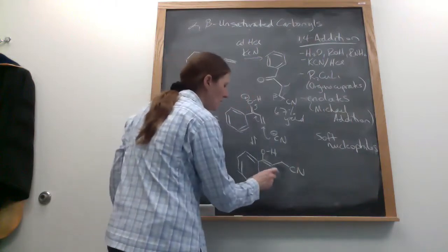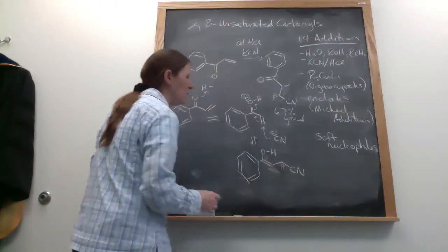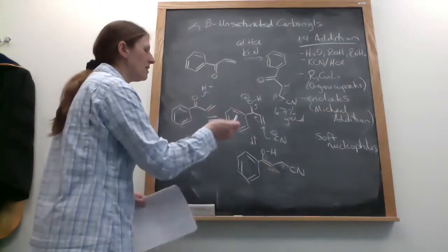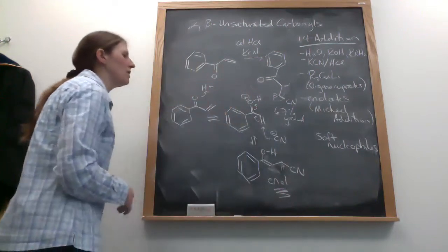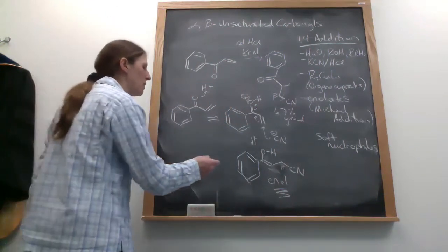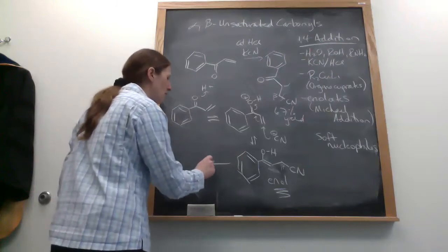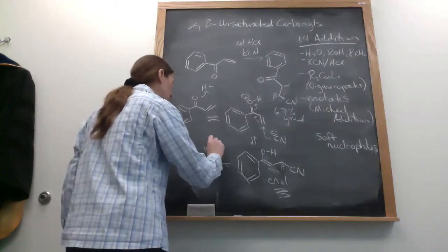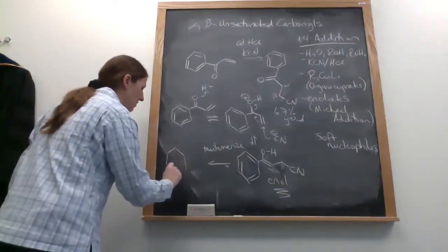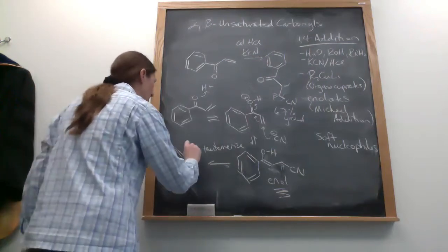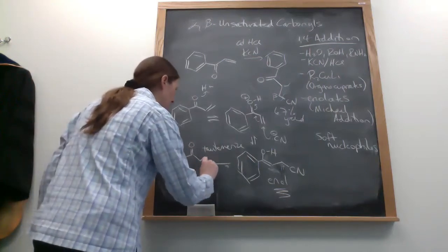Right, so here's my alpha carbon, here's my beta carbon. I recognize this as an enol, right? I'm not going to draw out the full mechanism for that, but the enol will tautomerize back to the keto form.